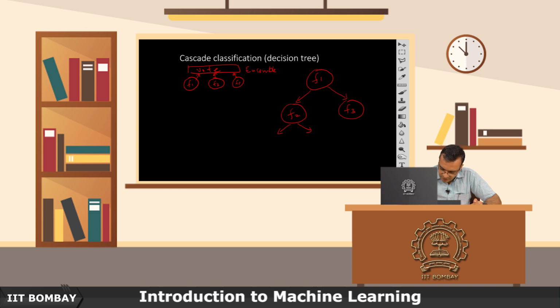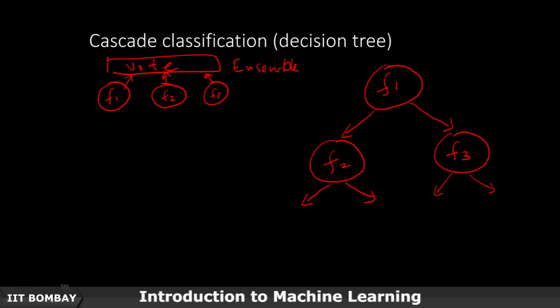Okay. So, now what you will get here is different outputs. So, you will get the F2 output, but you will get it only on those samples that are sent to the left branch by the first classifier. Okay. So, this is a cascade, like a cascade of waterfalls, one falls into the other. Okay. So, here we have the final decision, decision 1, 2, 3 and 4.